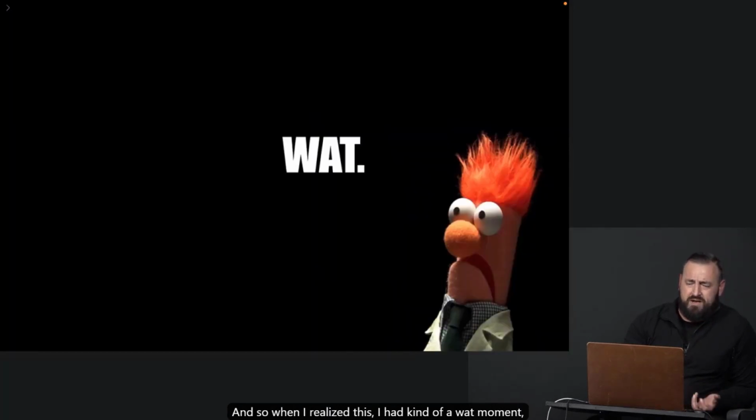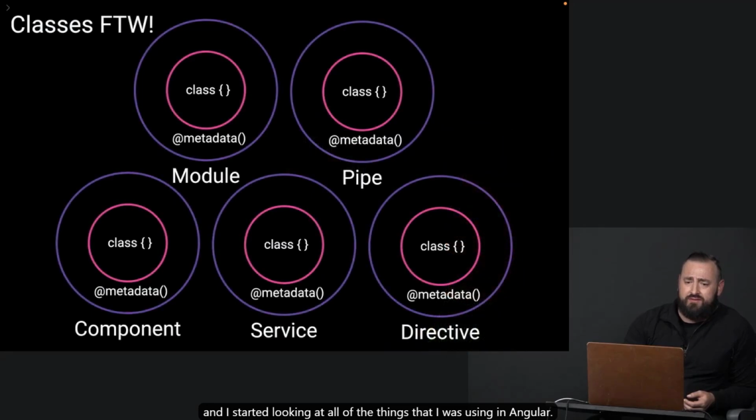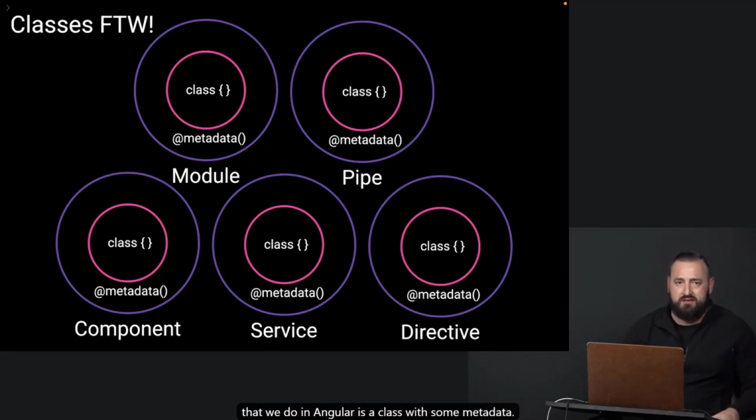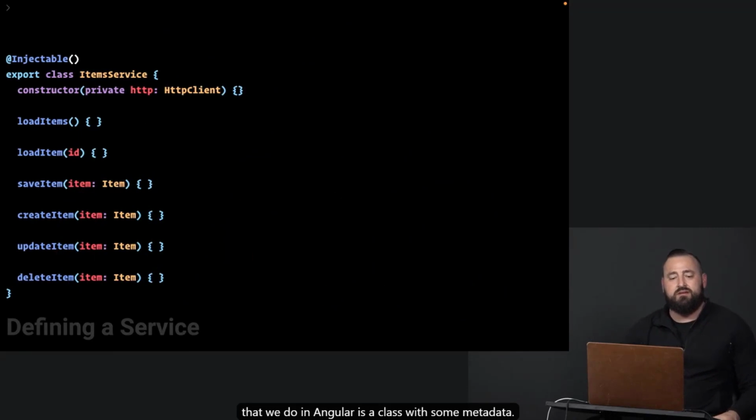And so when I realized this, I had kind of a what moment, and I started looking at all of the things that I was using in Angular, and I realized that when I'm using a module, it's a class with some metadata. If I'm building a pipe, class, metadata. Components, obviously we've seen it. Class, metadata. Services, directives, everything that we do in Angular is a class with some metadata.